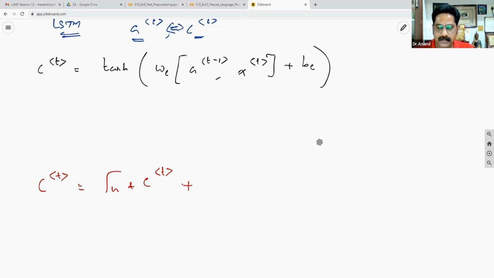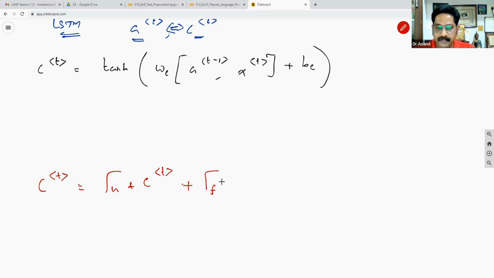Whereas in the LSTM unit, instead of that, we are going to use a dedicated gate for my previous state. Since it is the previous, it is called the forget gate. How much should I forget from the past? How much should I remember in the current? To indicate that, this gate is called the forget gate, and this is the update gate. How much should I update the current? How much should I forget the past?